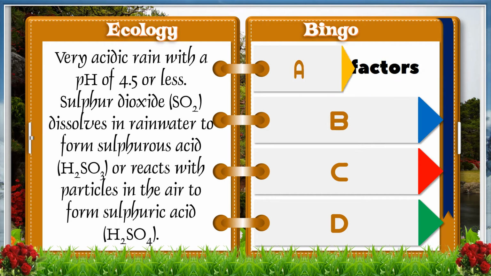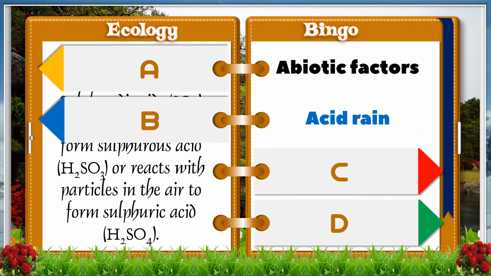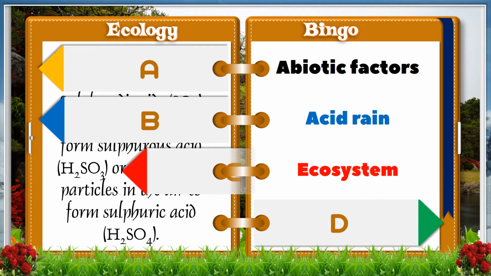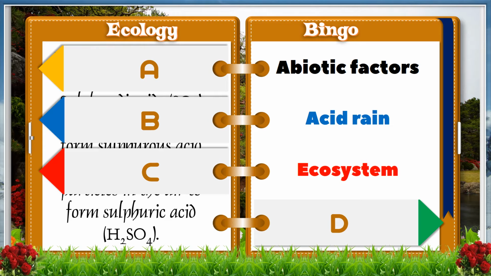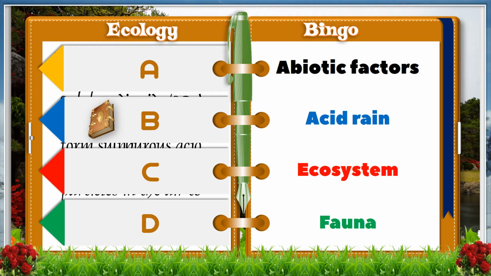Part A, abiotic factors. Part B, acid rains. Part C, ecosystem. Part D, fauna. The answer is B, acid rain.